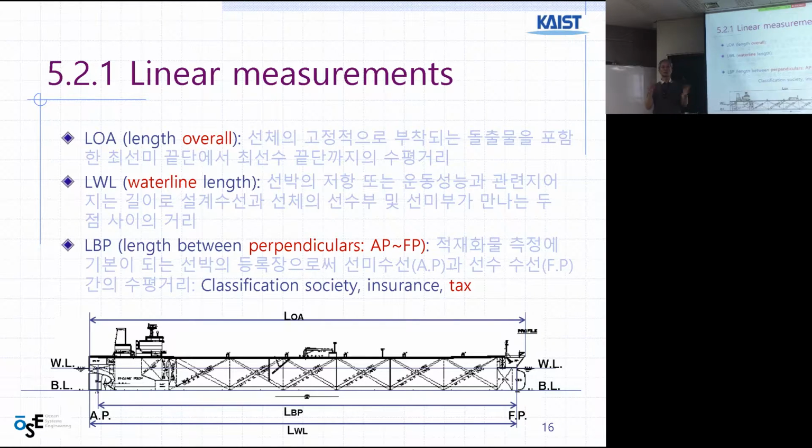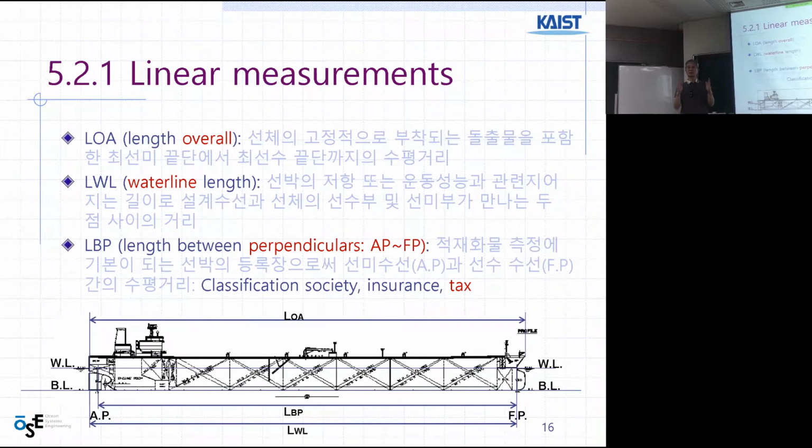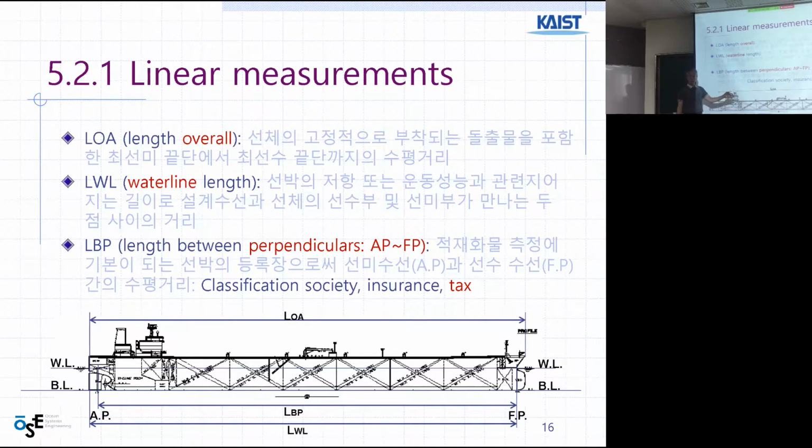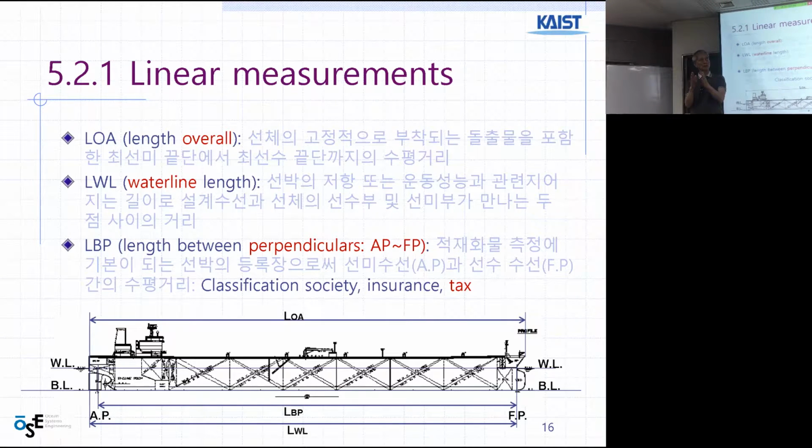Because they construct the ship based on this length. And they usually divide this length into about 20 stations, and then also more, say, 150 or 200 divisions. Right.